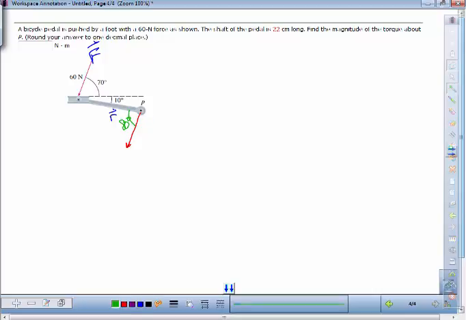Now, if we knew the actual vectors themselves, the torque is going to be equal to the cross product of the distance and the force vectors. But we don't quite know them. What we do know is some information about the magnitudes.